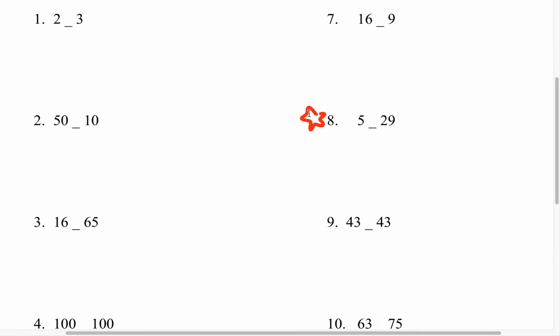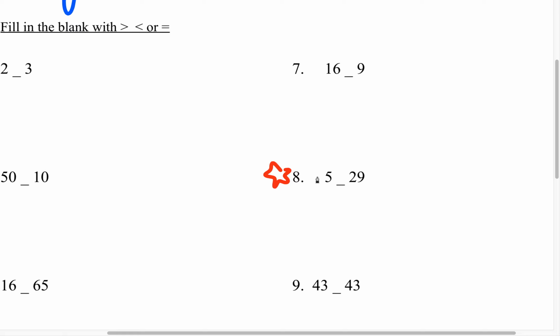Okay, let's look at number 8. It says 5 is greater than, less than, or equal to 29. Usually we look at the first number, but this one doesn't work that way.